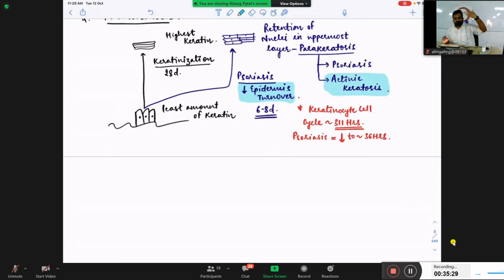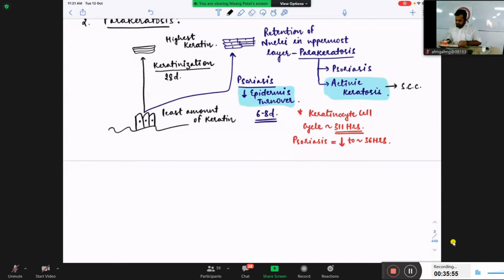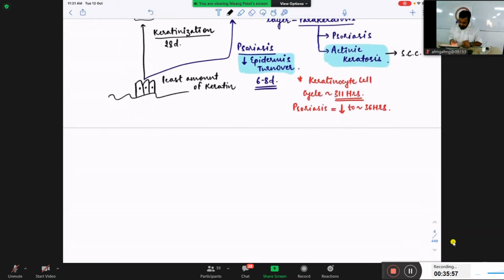The cells are rapidly dividing. If the patient has constant exposure to the sun, which is not commonly seen in our country, or has less protection against UV light, their cells divide too much because of the sun. We will learn later that actinic keratosis can lead to one important cancer, squamous cell carcinoma of the skin. Actinic keratosis is a risk factor for squamous cell carcinoma of the skin.